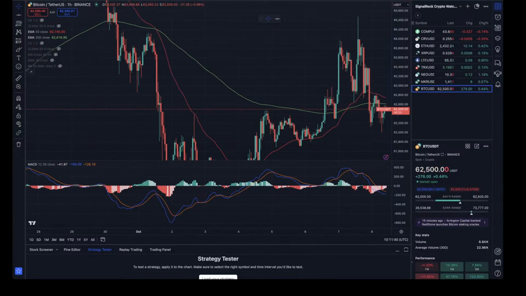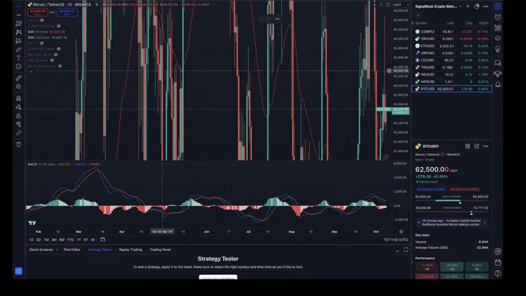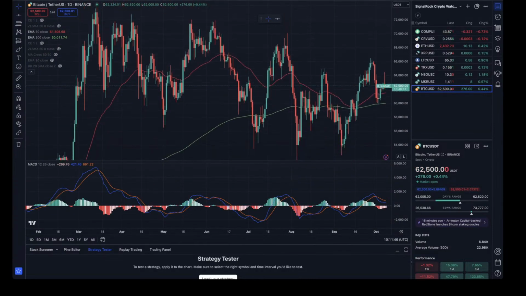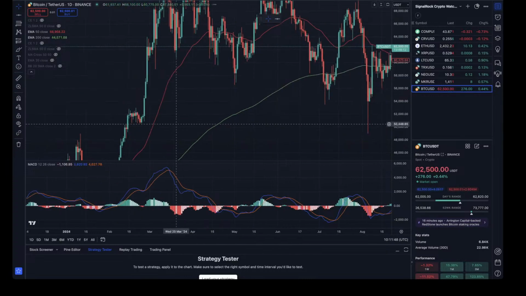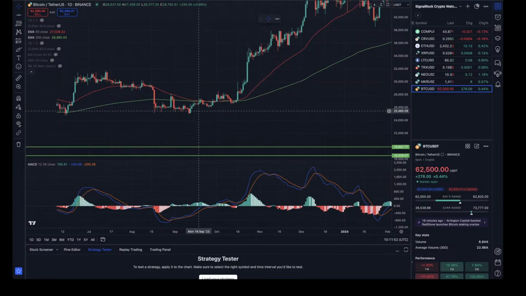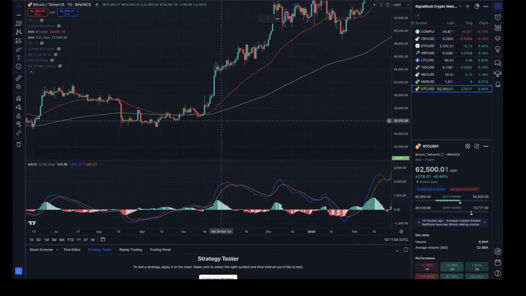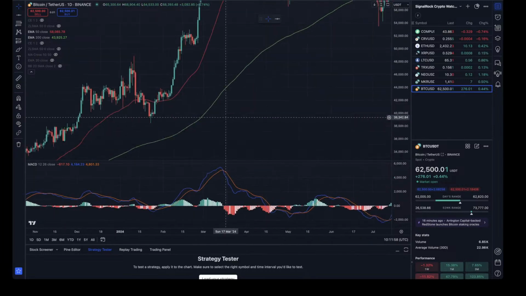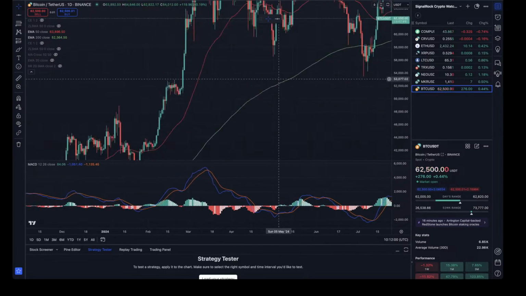We put that on the daily chart. We look back in history, and as you can see, before this big rally, there was a huge price increase in Bitcoin against the dollar.